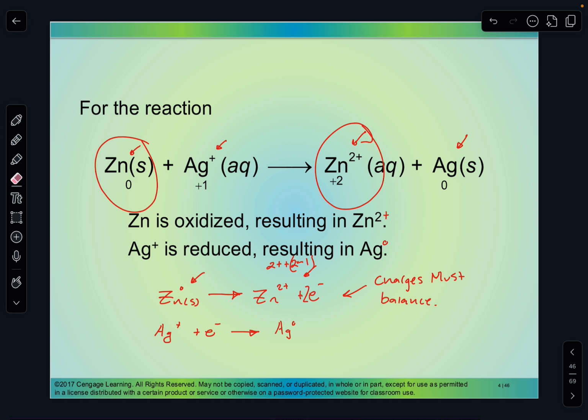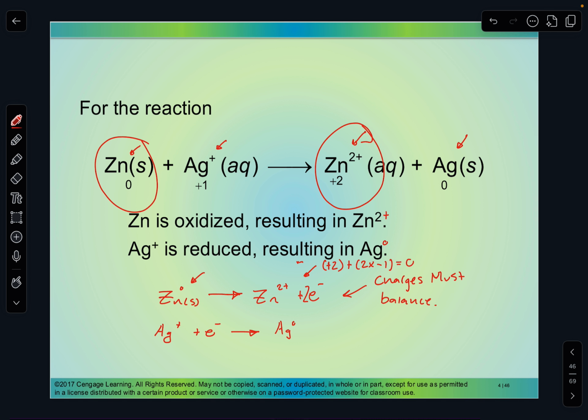Let me rewrite that a little bigger. On that side, you have to have a plus 2. I'll put that in parentheses. Plus 2 minus 2 times minus 1 to get a 0 charge.